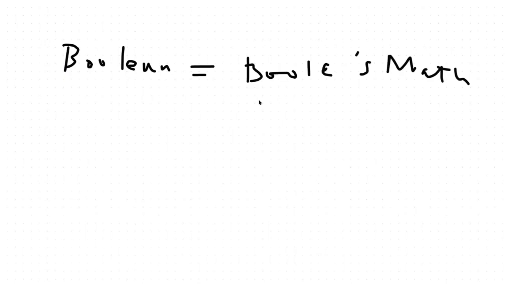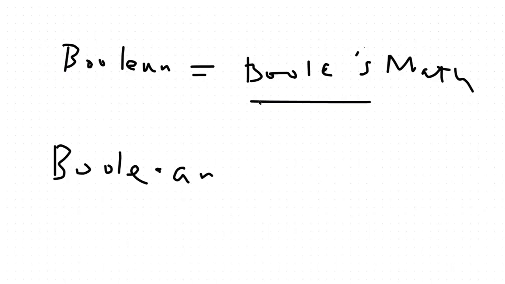This Boole is the last name, and the -an makes it an adjective or possessive term. So who is Mr. Boole?